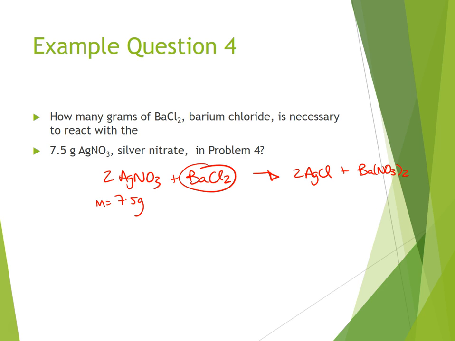And you may be going, hang on, that's a reactant, not a product. But we can use this method to find out how much reactant is required to react with something, or how much product will be formed. It doesn't matter where it is in our equation, we can use the same process to find it. So n of AgNO3 is going to equal 7.5 divided by 169.87.